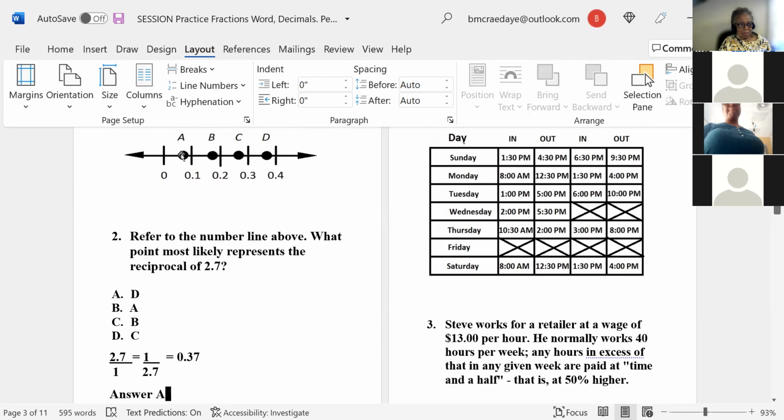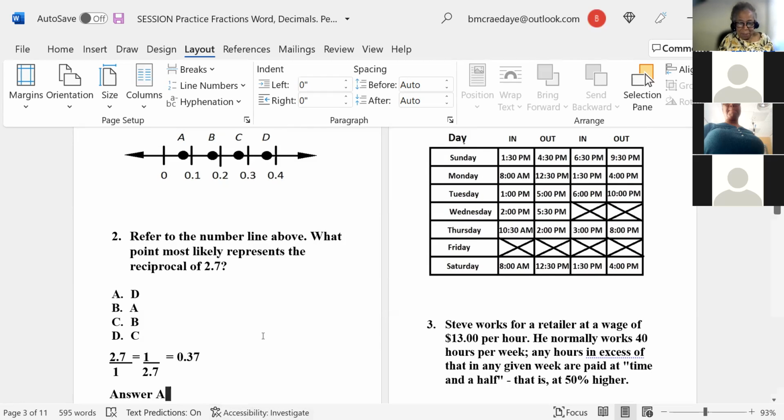There are 4 points they gave you. If it's 0.37, it has to be something between 0.3 and 0.4, because anything else is smaller, right? And the only point between 0.3 and 0.4 is the D point right here. Oh, yes. Got it.